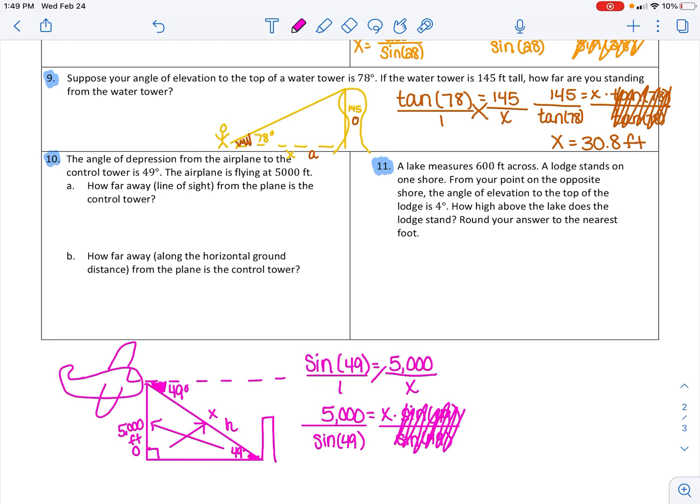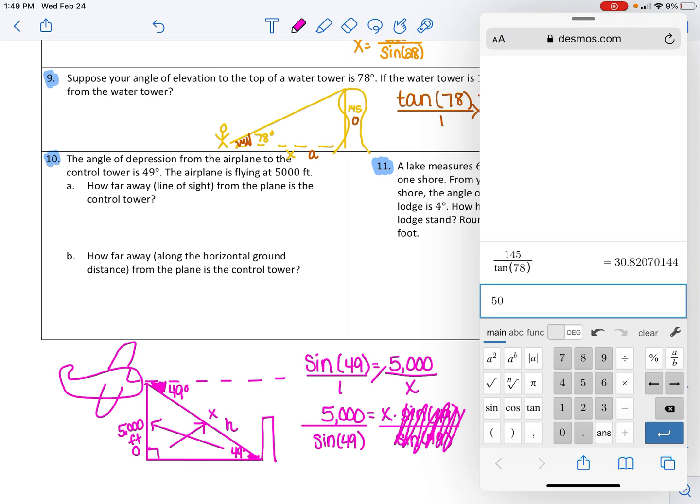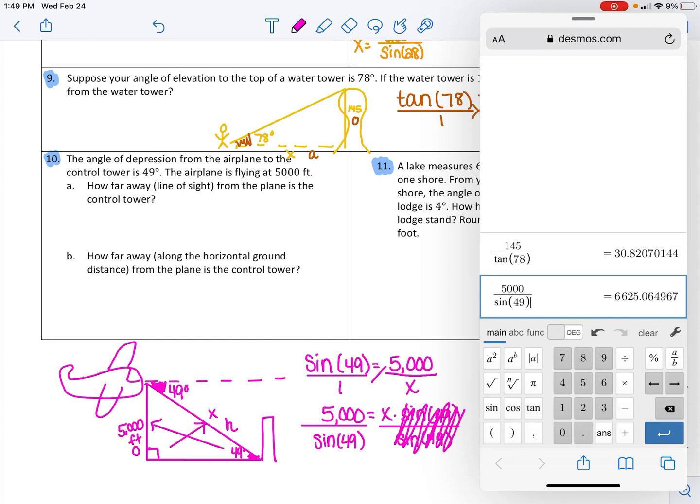So the sines cancel out on the right side, and we can get our answer by taking 5,000 and dividing it by the sine of 49, which is going to give me 6,625.1 feet.